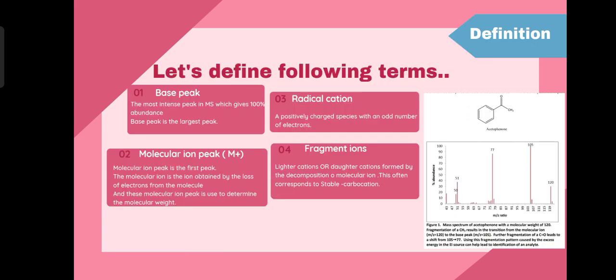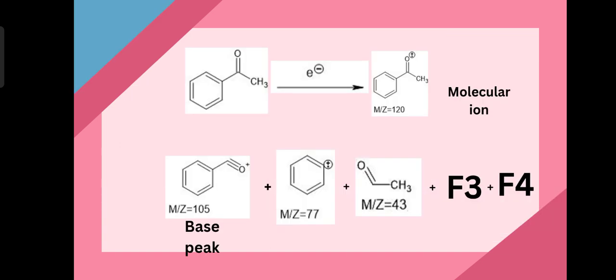Now let's understand what is base peak. It is the most intense peak in the MS and it gives 100% abundance. The base peak is considered to be the largest peak. Once this molecular ion is obtained, if it is unstable, then it will undergo further fragmentation.